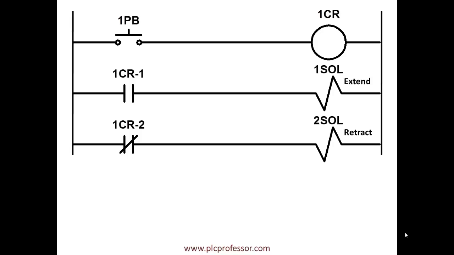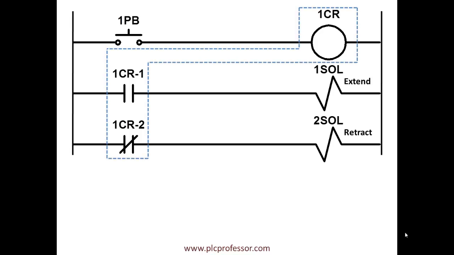The left and the right vertical lines are the power rails that supply the voltage to these three individual circuits. These three individual circuits that you see connected between the power rails are totally independent of each other electrically, but not logically. The contact relay 1CR connects these three individual circuits logically.